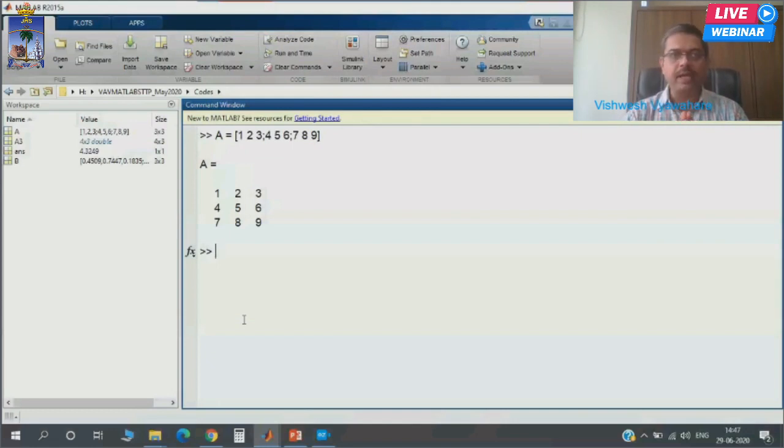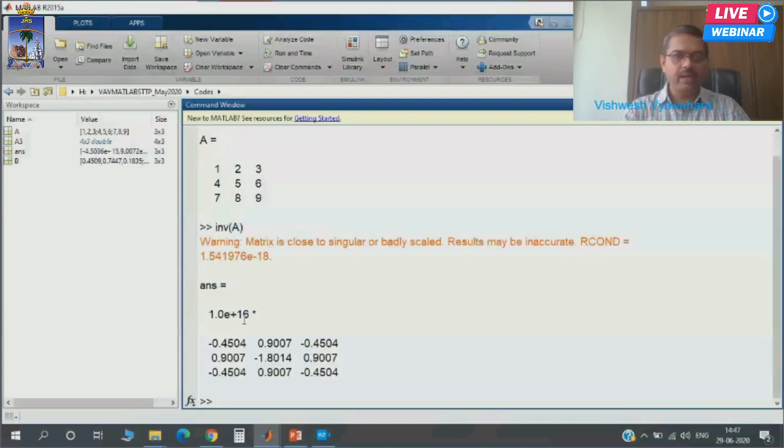So it is confirmed that this 3 cross 3 matrix is a singular matrix and it is not invertible. So let me try to find out inv(A). The moment we write inv(A), we find that, as the help has told us, if the matrix is badly scaled or close to singular, MATLAB will give a warning.